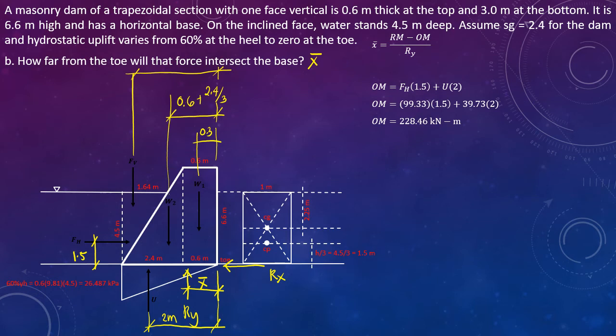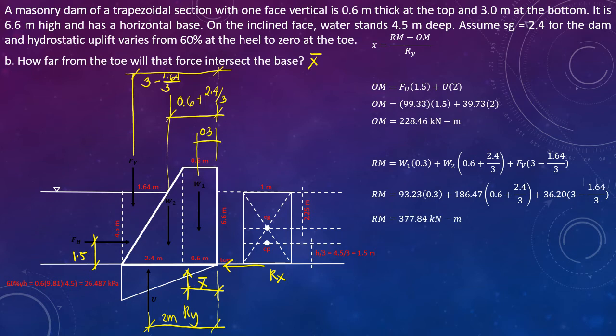So this is 3 minus 1.64 divided by 3. So RM is equal to W1 times 0.3 plus W2 times (0.6 plus 2.4 over 3) plus FV times (3 minus 1.64 divided by 3). Substituting, RM is equal to 377.84 kilonewton meter.